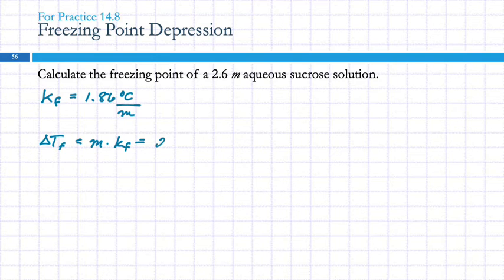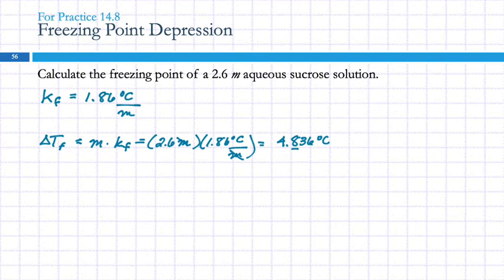The molality is given to us here, 2.6 molal. We multiply by the freezing point depression constant. The molalities cancel out. 2.6 times 1.86, 4.836. And that'd be 2 sig figs.